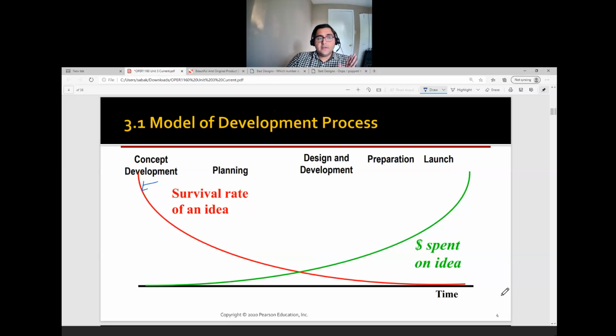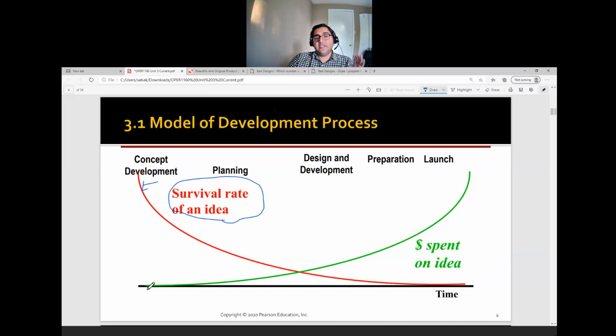So assume that there are 100 students who have some concepts at the beginning of the course. As time progresses, let's say after 3 years, you will see that only 2 or 3 groups will be launching their product. That's what the survival rate of ideas typically represents.